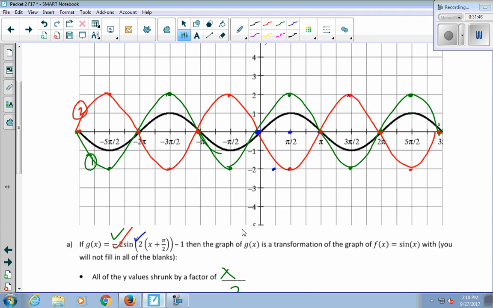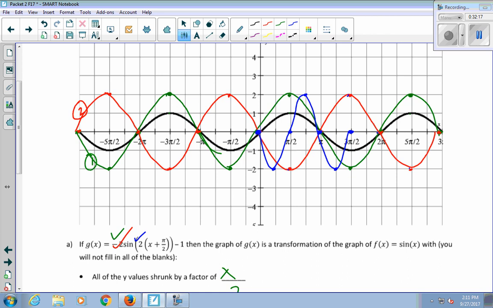This max, you got to go 1/2 the distance to the y-axis. This 0 goes 1/2 the distance it goes to there. This min goes 1/2 the way to the y-axis, and this 0 goes 1/2 to right there. And then I can do it on the negative side too.